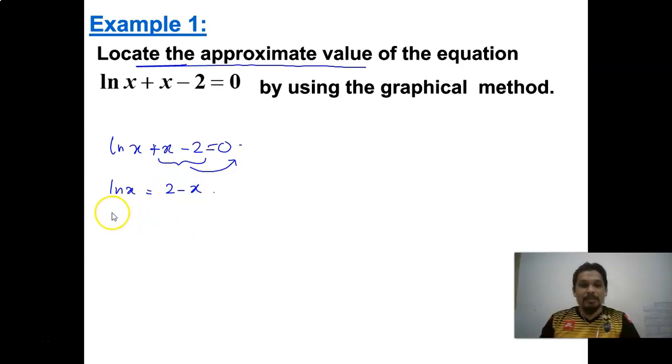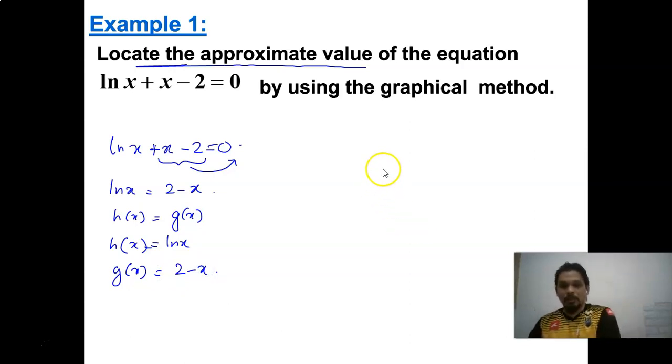So let's define h(x) equal to natural log of x and g(x) equal to 2 minus x. And next, using the graphical method, let's sketch the graph of this.